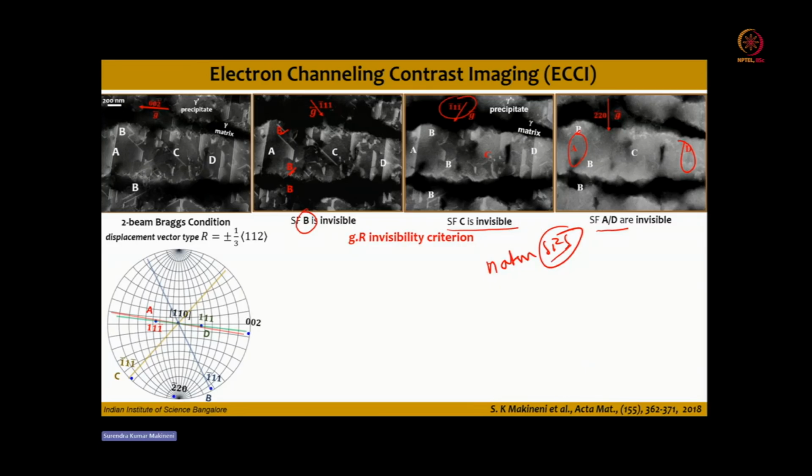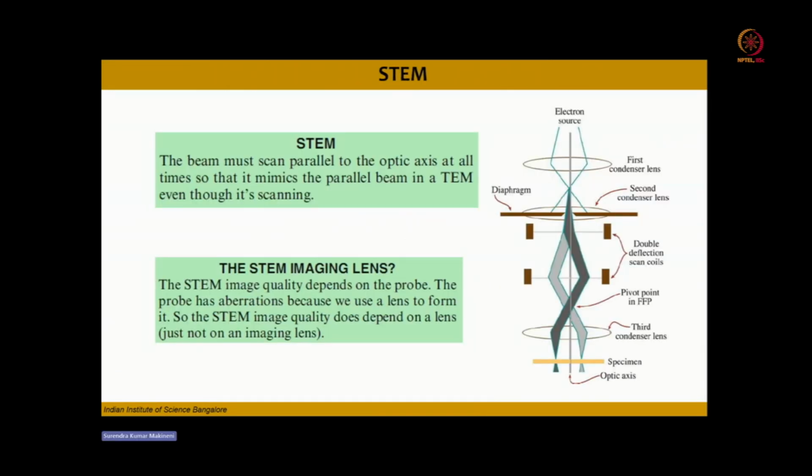So this is how we use the ECCI to get the Burgers vector of the dislocations and the displacement vectors for the stacking faults. So as I discussed about SEM, you are rastering the beam on the sample, correct?